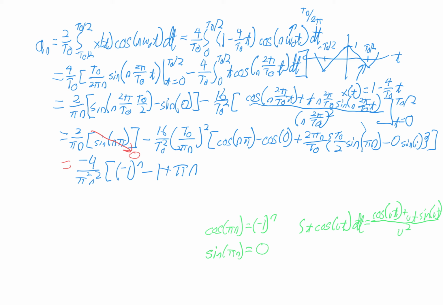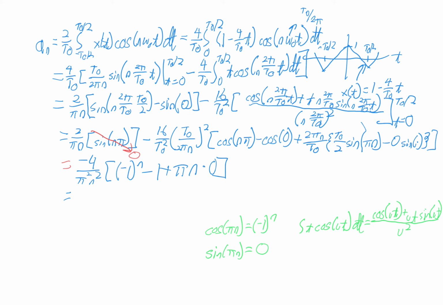It's always going to be 0. So that term also vanishes, and we have times 0 here. And we can simplify a bit further. So we have -1 to the n power, which is going to be plus or minus 1, and then we subtract 1. So we're going to get either 0 or -2.